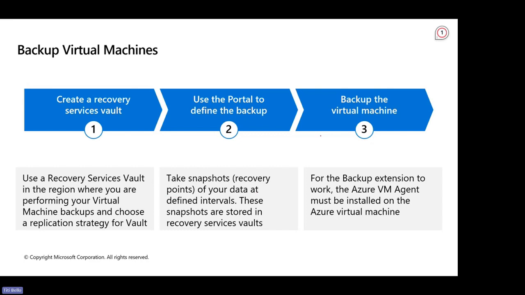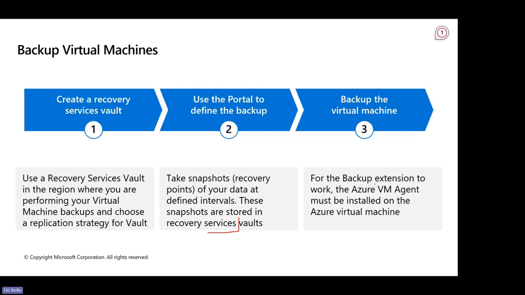And then we can take backup of the virtual machine. It can take snapshots of your data at defined intervals, right? Then these snapshots are stored in your recovery service point, and then they can be used for backup data.